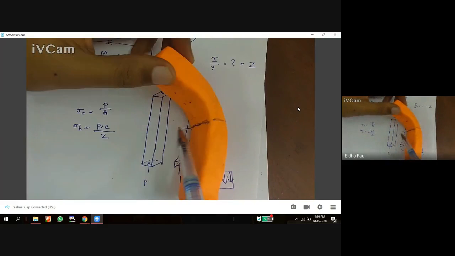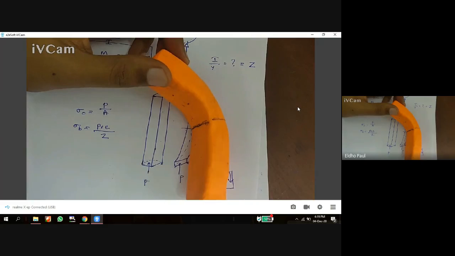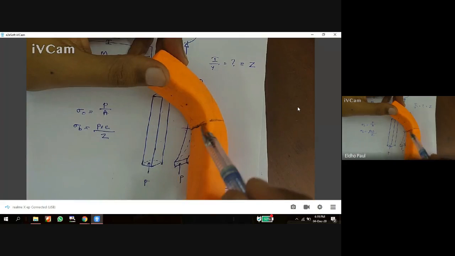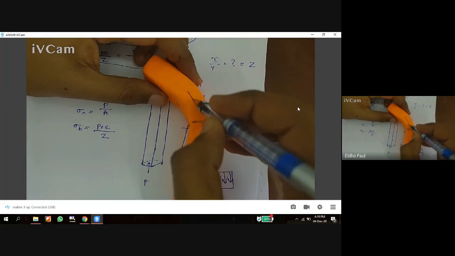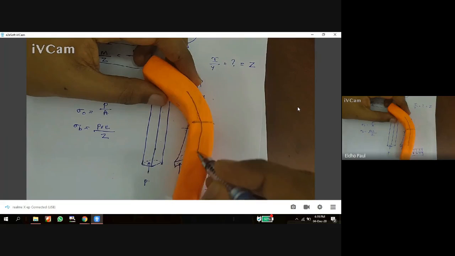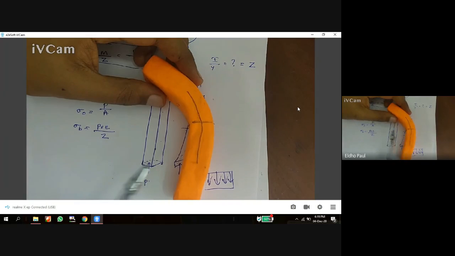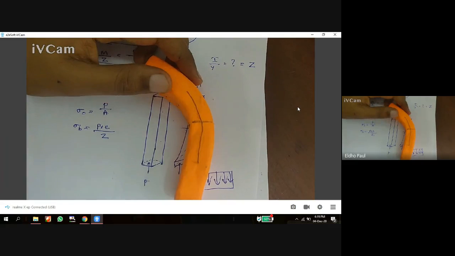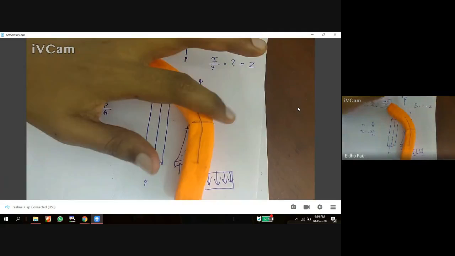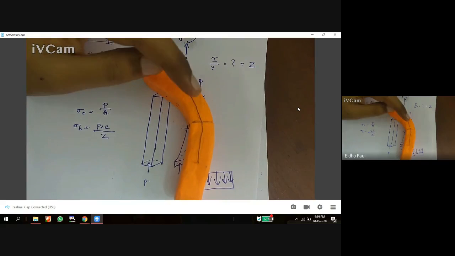Sigma B is different because in this surface, the inner area, the fibers, or the material, are subjected to compressive stress. This one is the neutral axis. You already studied this neutral axis and what happens in this area and in that area in your beam lessons.